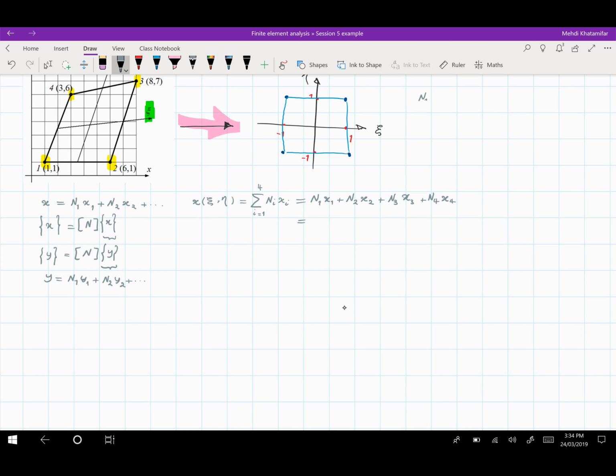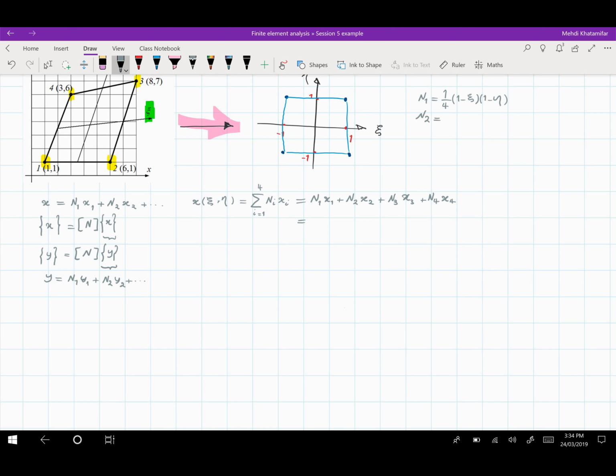Let me write it here. n1 is 1/4 (1 minus psi) times (1 minus eta).